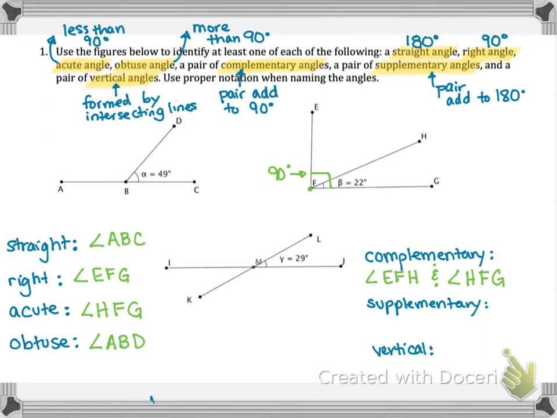Supplementary means together they sum to 180 degrees. So while some of you are looking at the very first example, A, B, C, and D, I'm actually going to look at this example here because this is also a straight angle, IMJ. And so I know that this angle plus this angle must sum to 180 degrees.